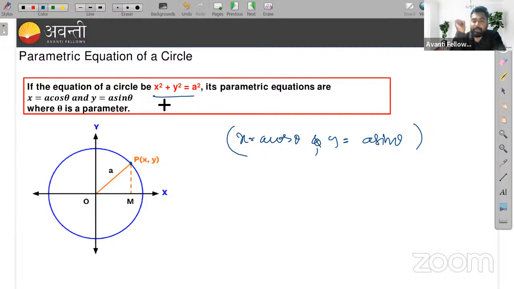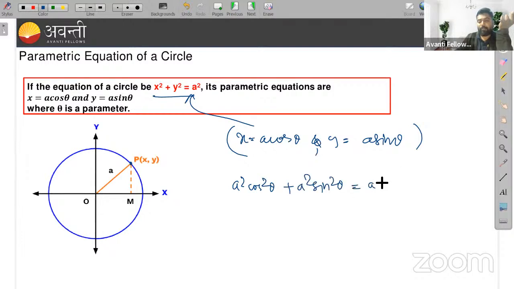Is that clear to everyone? Then you can verify also: if you put this point in the circle, will it satisfy or not? In place of x we put a cos theta, that is a square cos square theta, plus in place of y we put a square sin square theta.